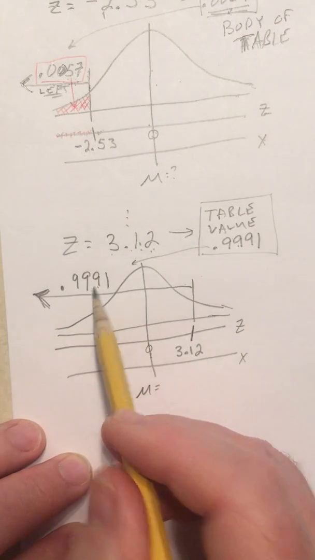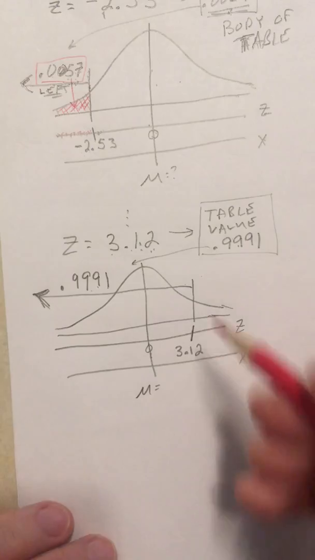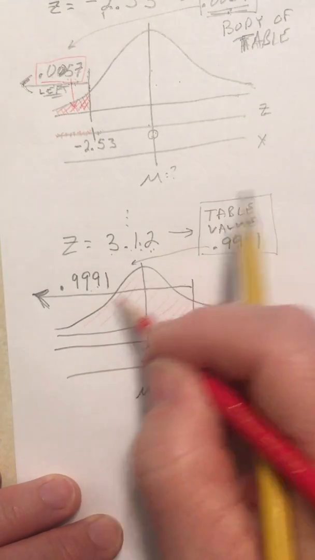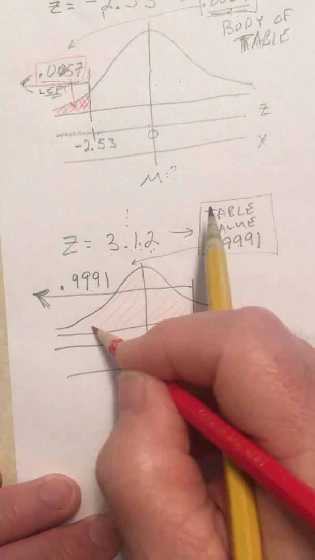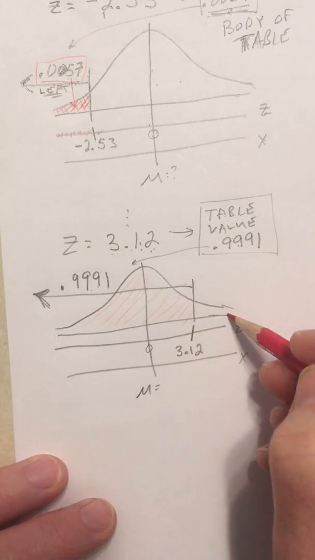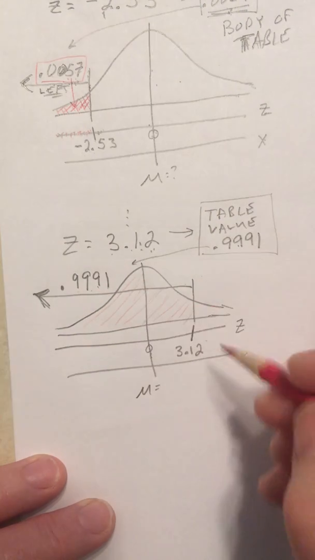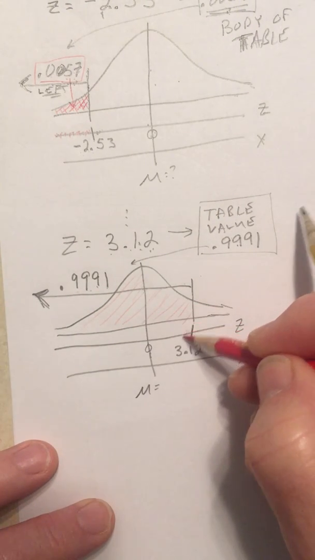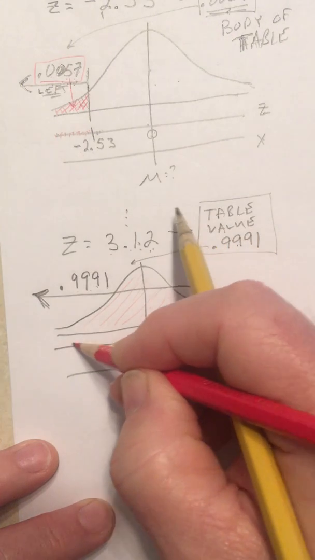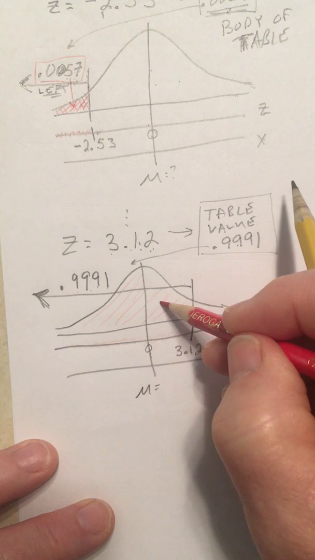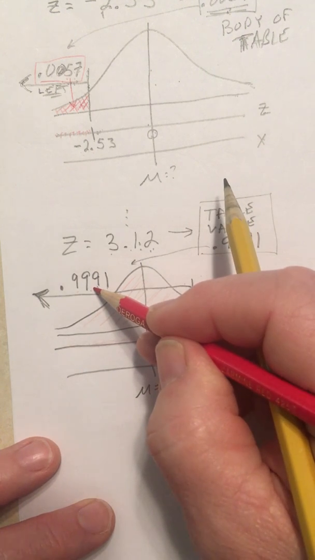Now, that corresponds to this area. Notice how this area is almost the entire area. We recall the total area under the curve is 1. This is almost all of it. This is 0.9991. And that's the same thing as the probability of being somewhere in this region, given by that area, which is 0.9991.